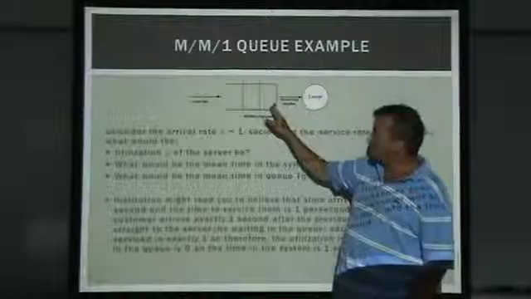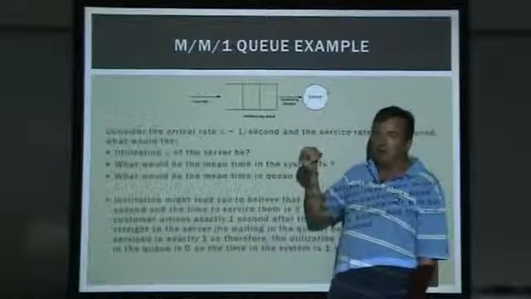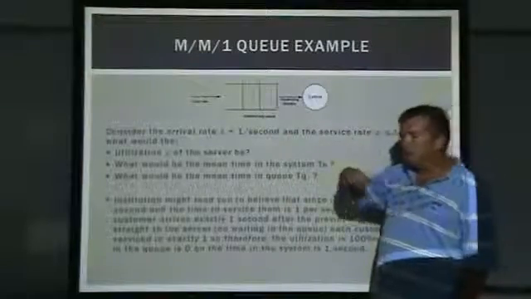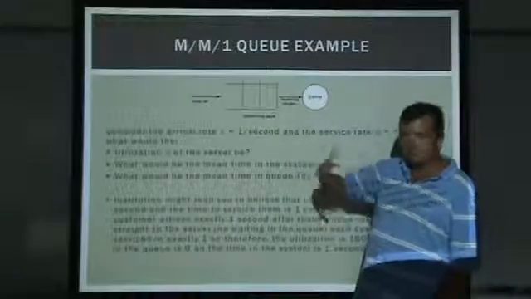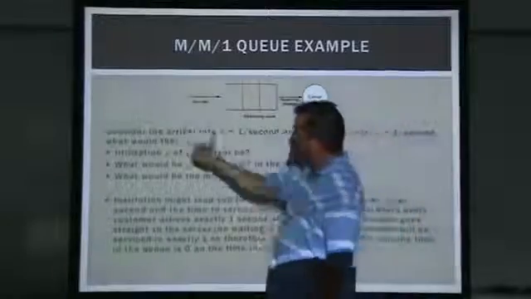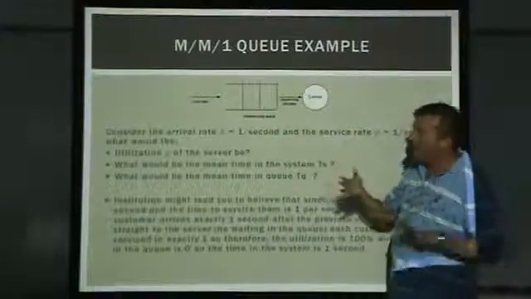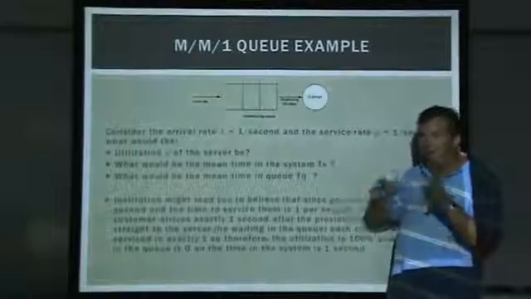Now you can see there's going to be times where things will be queuing up if they come in bunches. Or if the server spent a really long time on one customer and then a really quick time on another one, while it was spending a long time, the queue might build up. So you can see that even though the rate, how many come in per second and how many can get done per second, is the same, the distribution between the events actually will affect the queue.